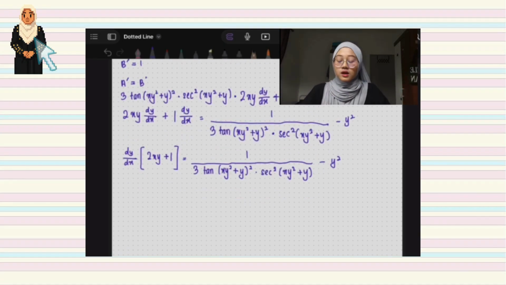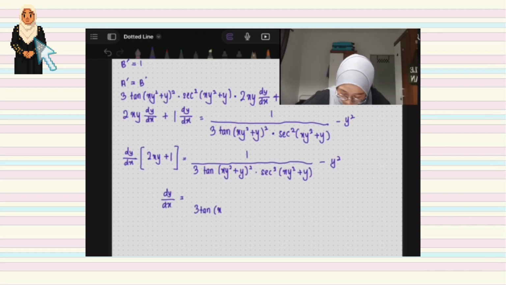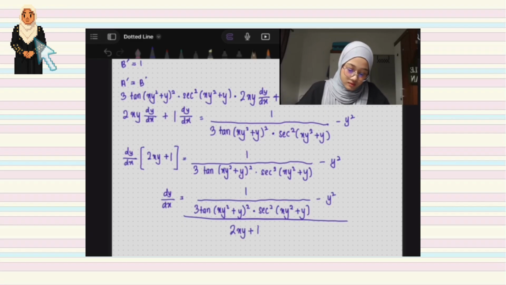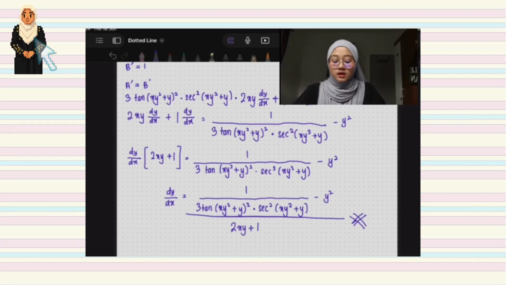We need to remember, we just need the dy over dx, so the term that we factorized before, we will move to the front and divide. So let's just write. That is the answer for this question.